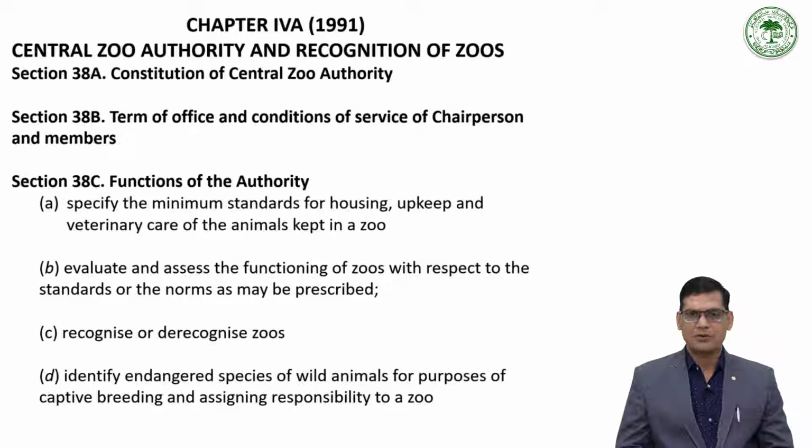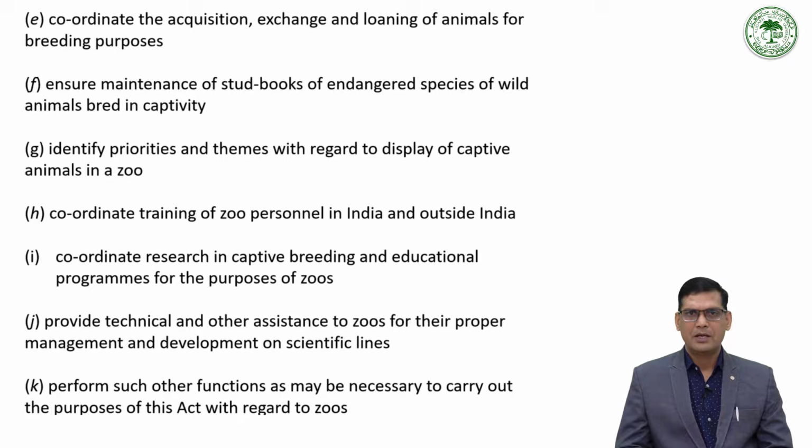It also recognizes or derecognizes the zoos established in India. It also identifies endangered species of wild animals for the purpose of captive breeding and assigns responsibility to a zoo. And then it coordinates the acquisition, exchange and loaning of animals for breeding purposes.